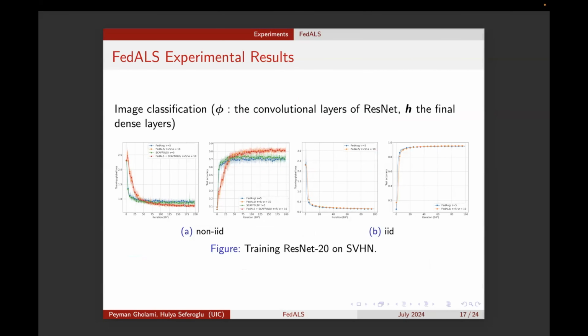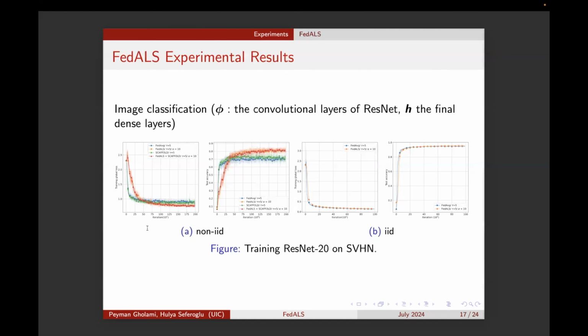Here we see the improvement of FedALS compared to federated averaging and SCAFFOLD as the baselines. We used ResNet20 as the model, and SVHN as the dataset.